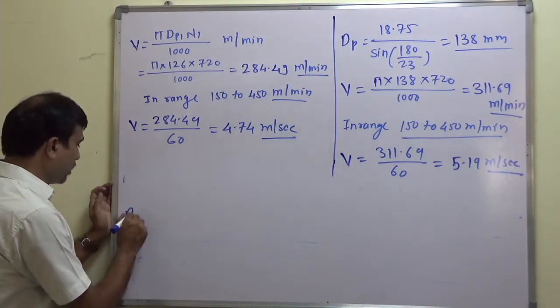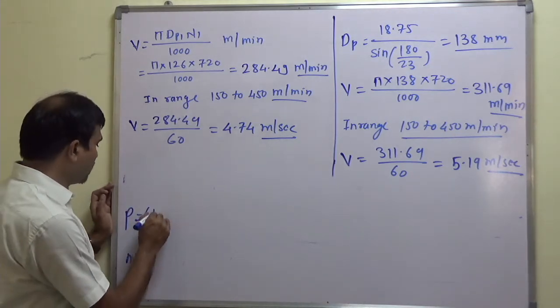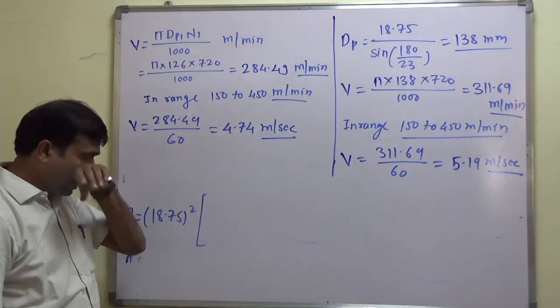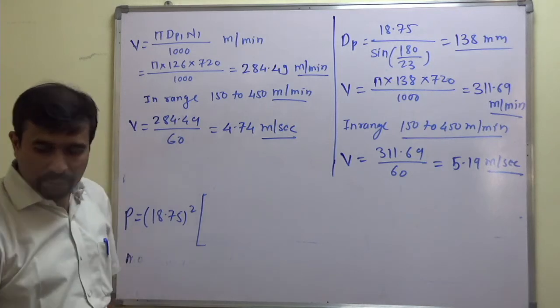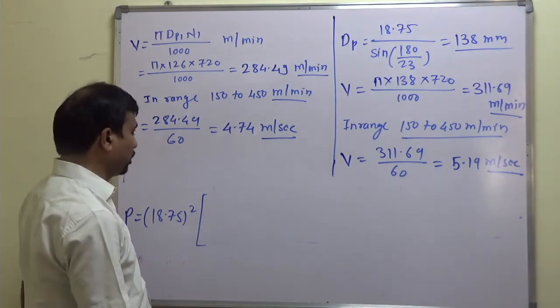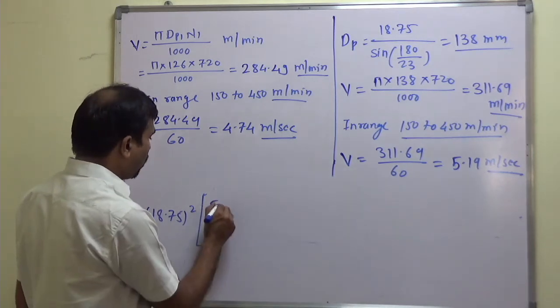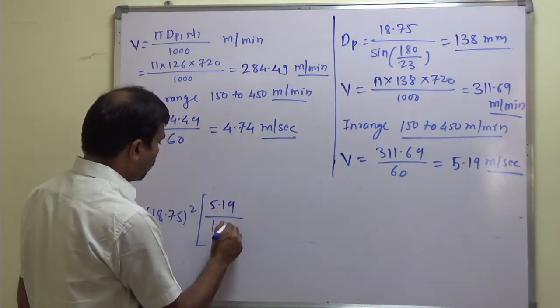Capital P is equal to P square, that is 18.75 square, in bracket V upon 104. V you will take in meter per second, that is 5.19 upon 104.